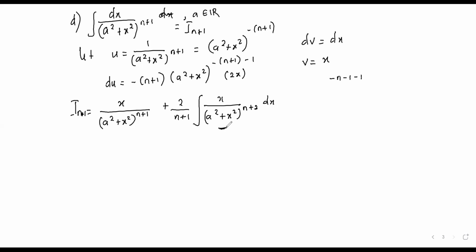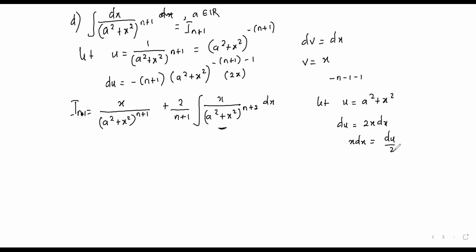Okay, let's try this. To integrate this part, you let your u be the denominator, a squared plus x squared. Since our du can be 2x dx, we can have x dx being du over 2.